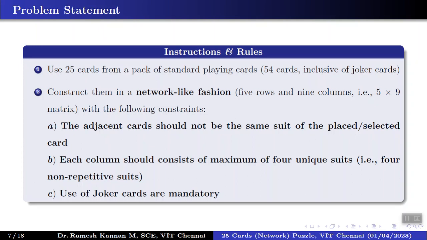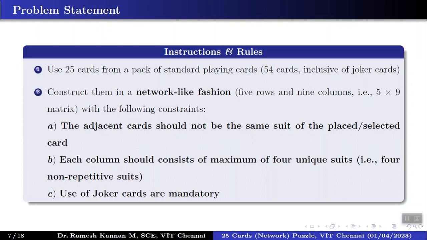Then we need to construct a network kind of arrangement. You can first construct a matrix of 5 rows and 9 columns, and then use these rules to pick and place the cards and replace the cards, so that you shuffle and finally have a sequence, which is an important thing in this puzzle.